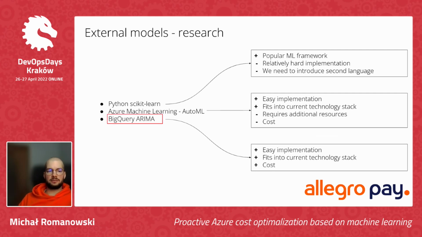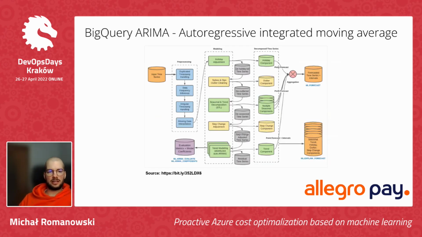So from our perspective, the BigQuery ARIMA model is the most complete product, and we decided to keep going with it. As I mentioned, this model is fully managed by Google, and the name translates into autoregressive integrated moving average. It requires some basic parameters to start working, and it is almost a black box for us.